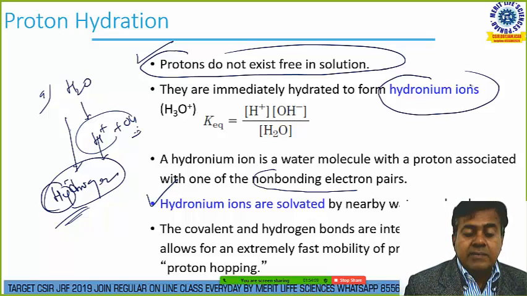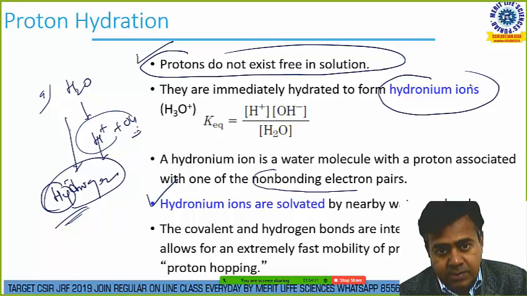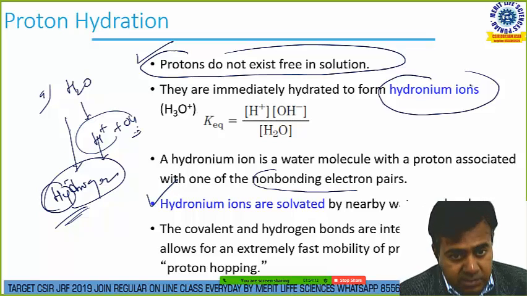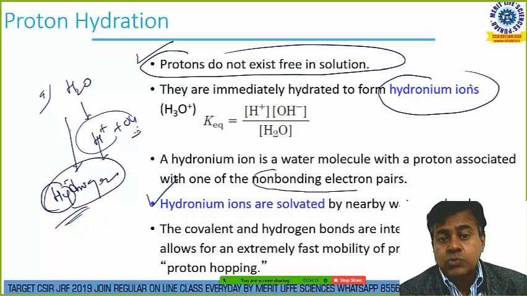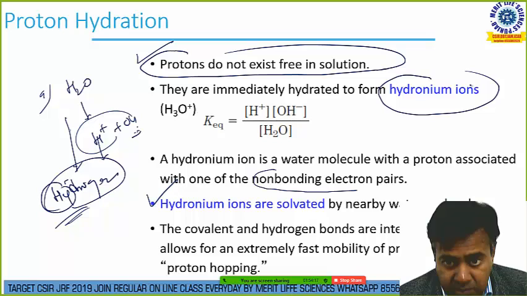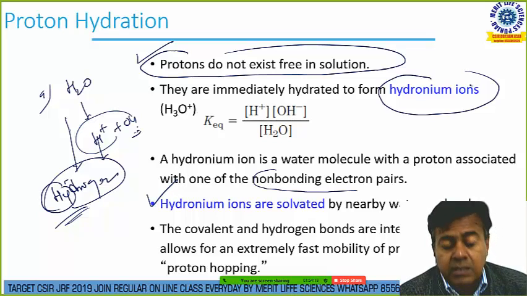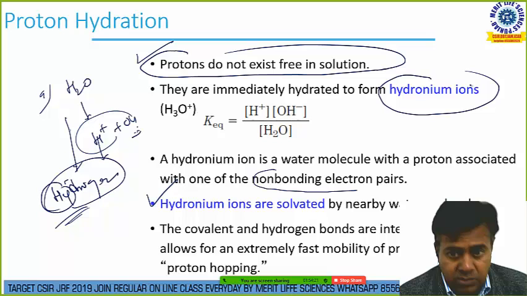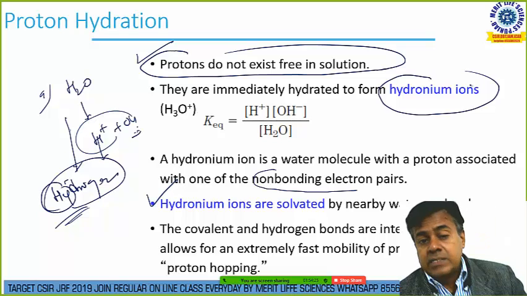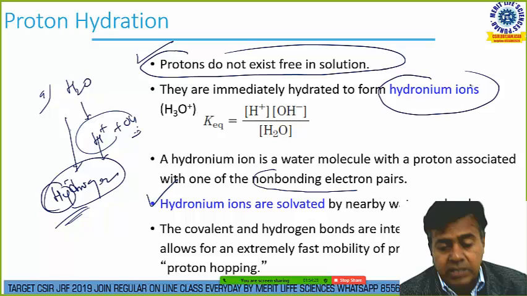So hydronium ions are present in water in the highest concentration, and this is one reason they form a lot of hydrogen bonds. And you know, hydrogen bonds are created by what factors? Because of the electronegativity of the oxygen and its lone pair of electrons, right?